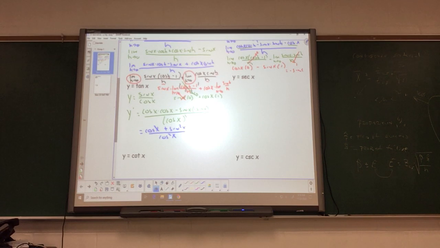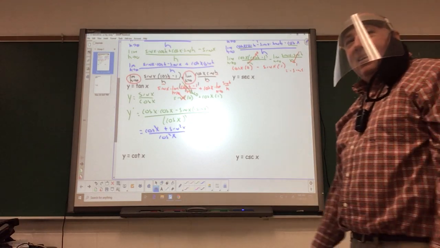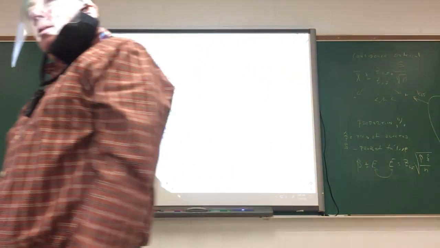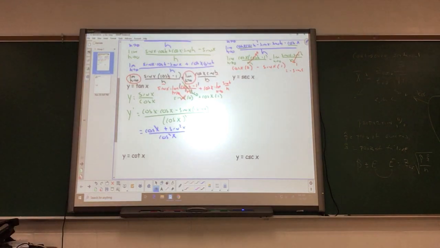Sine squared plus cosine squared is equal to, oh, how soon we forget. Plug your ears, Pythagoras. I feel so deflated now. Sine squared plus cosine squared is equal to 1.